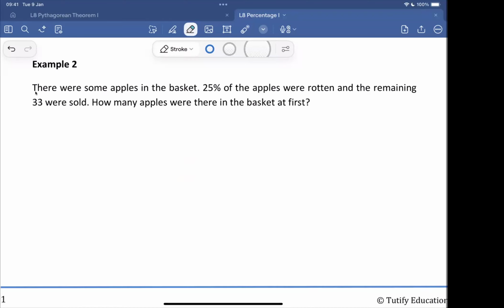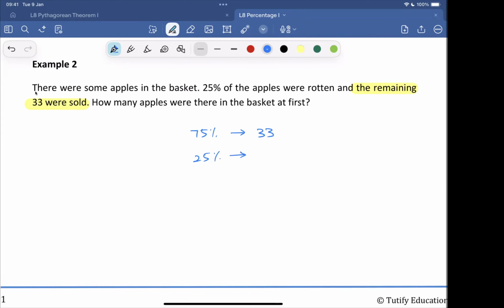And how many are not rotten? You read the question. The remaining 33 were sold, which is not rotten. So not rotten is 33, right? So can I say that 75% not rotten is equivalent to 33? So can I find 25% first?